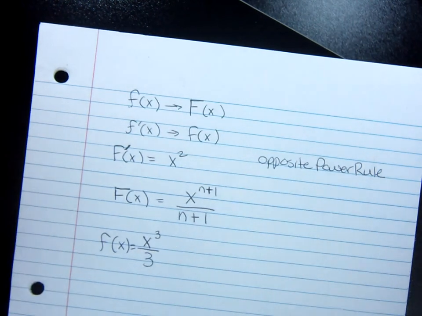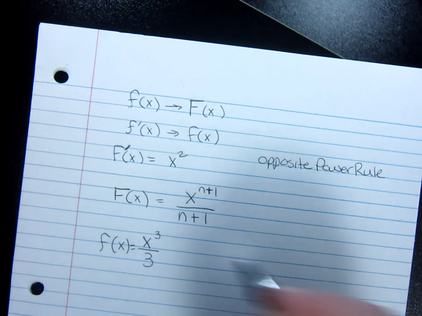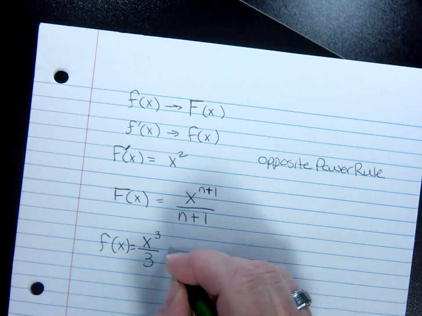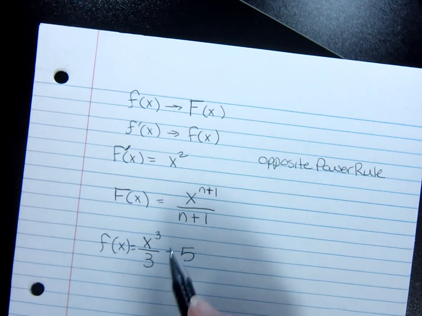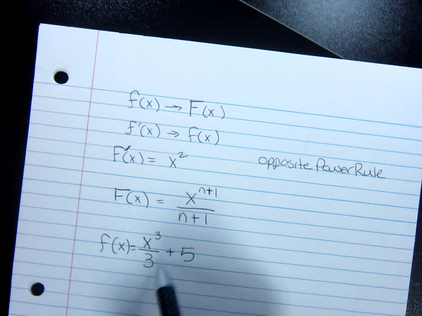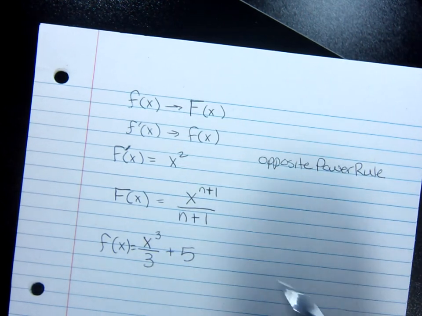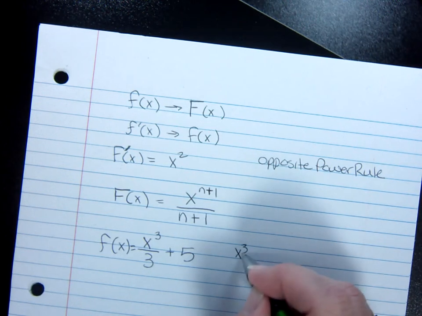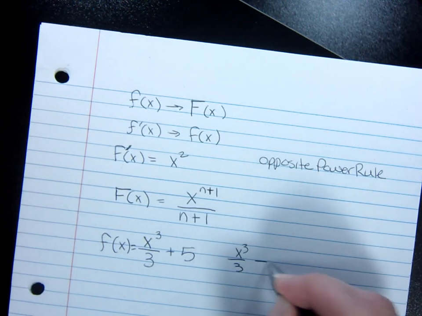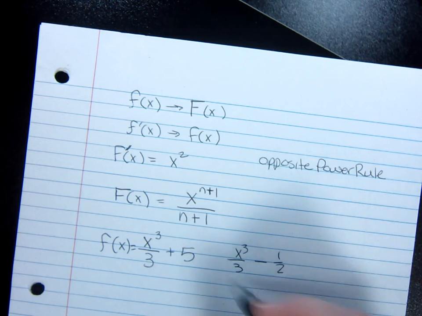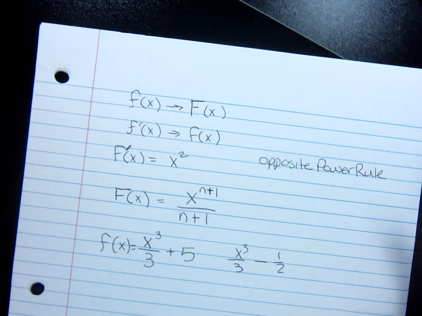Now, answer? Maybe, but the fact of the matter is that I could also have this like plus 5 on the end, and when I differentiated it, I would still get x squared. Or I might have x cubed over 3 minus 1/2. If I differentiated that, I would get x squared.